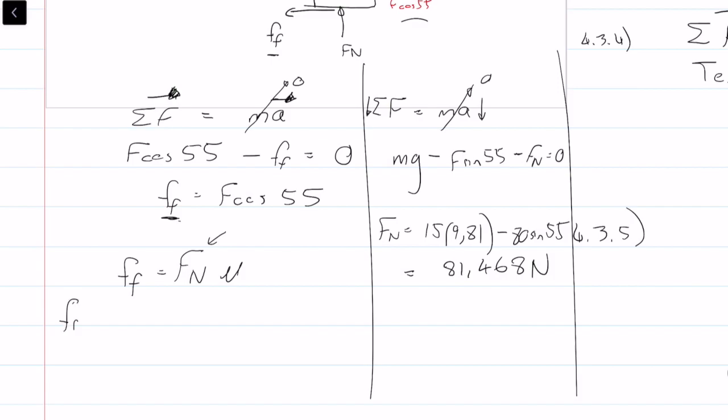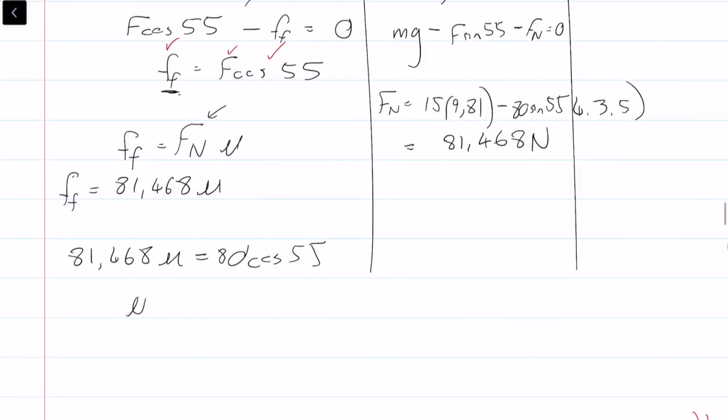So our force friction is equal to 81.468 mu. Now we have force friction in terms of mu. We know what F is, and we know what cos 55 is. So 81.468 mu, that's the force friction, is equal to F, which is 80 cos 55.